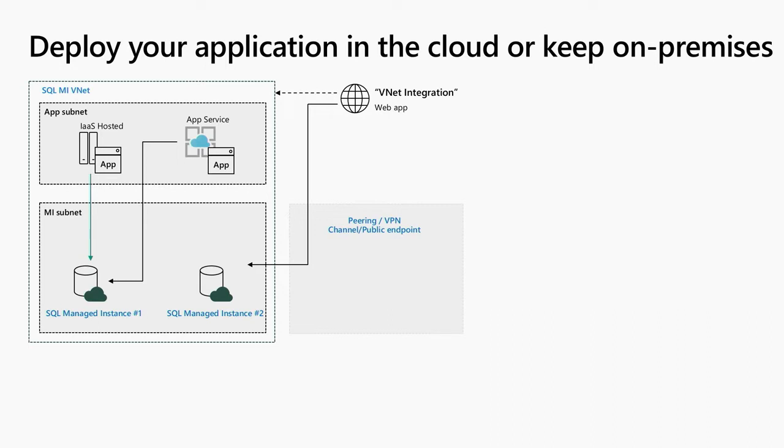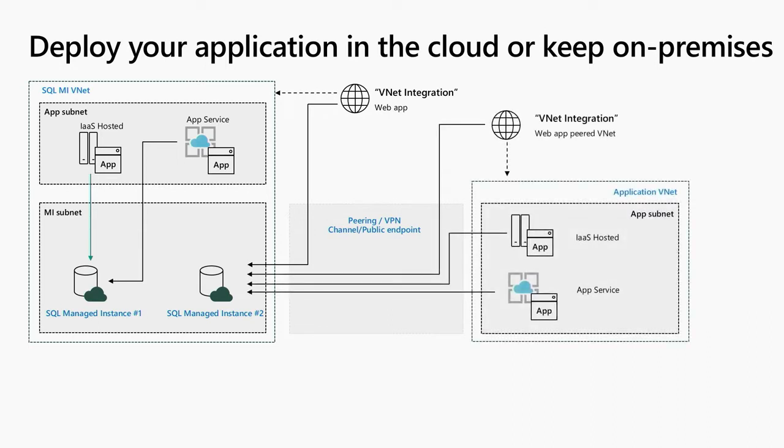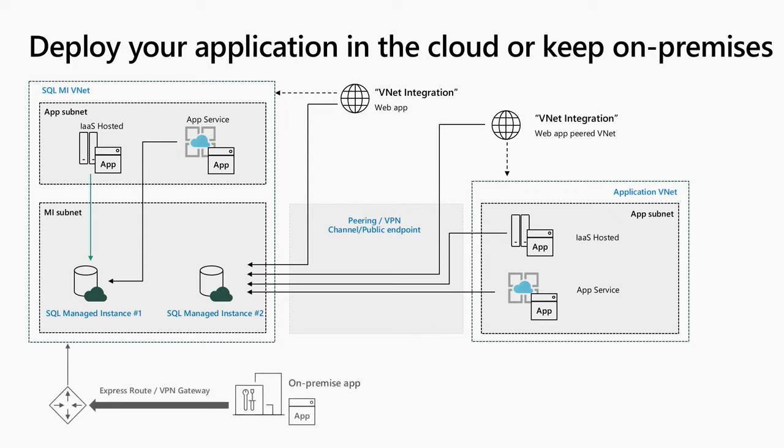The application can be running in the same virtual network and in a different subnet, or it could be a web app or an Azure App Service, and you do VNet integration to that. Or it could be running in a VM, and that VM is paired with the same VNet as the managed instance VNet. Or if you are on-premises in a hybrid application, you could also set up ExpressRoute or VPN and connect your application on-premises to your MI subnet and then talk that way.